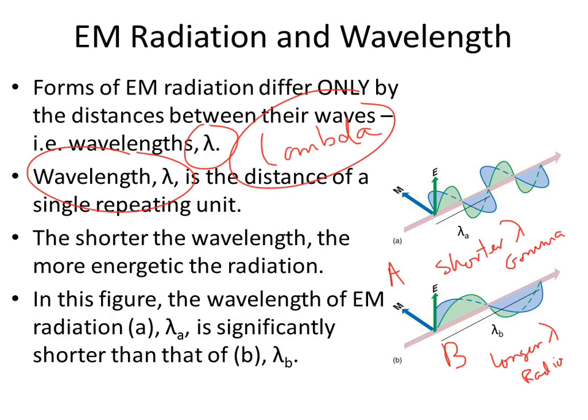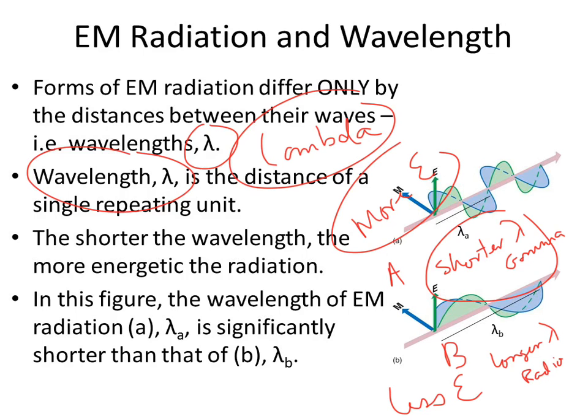The shorter the wavelength, and this is important, even within these cousins, even though they're very similar, same forms of electromagnetic radiation, the shorter the wavelength has more energy. The longer the wavelength has less energy.